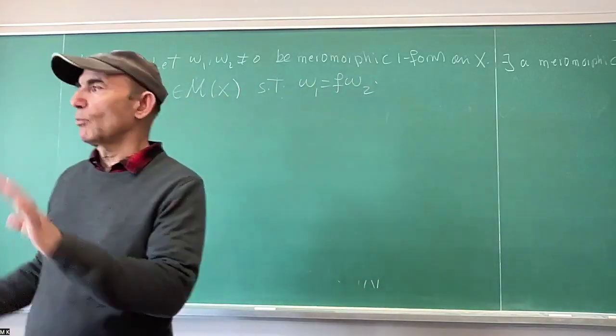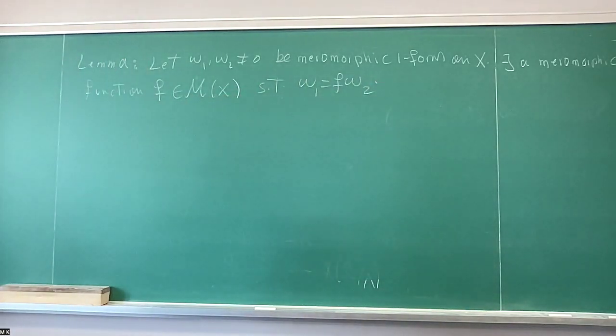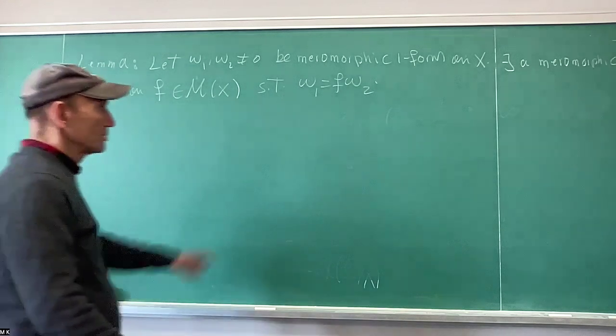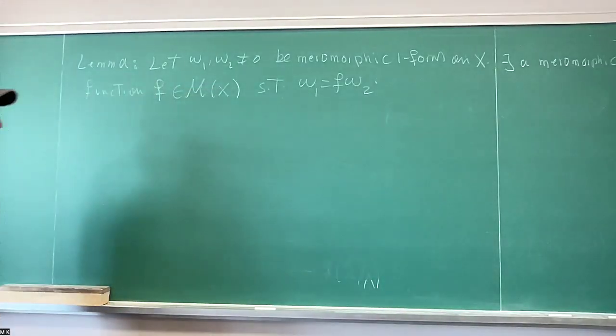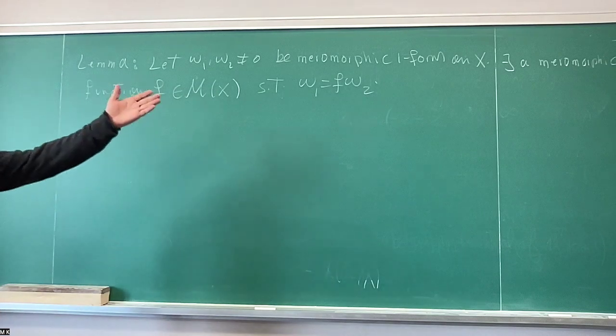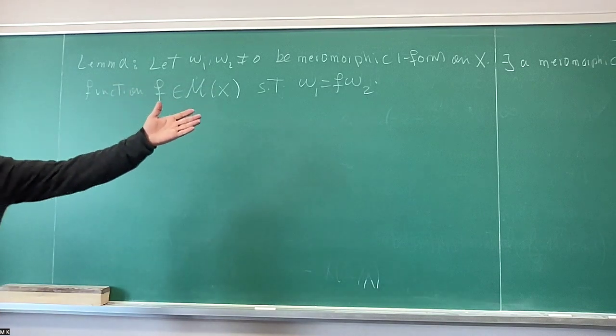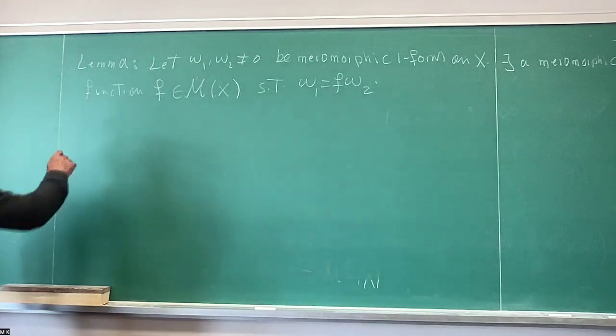So if you take two meromorphic one forms, where the second one is not identically 0, then you can write omega 1 as a multiple of the second one by a function. Omega 1 can be 0, and in that case the question is easy because you can take f equal to 0. But in general, we have to see.